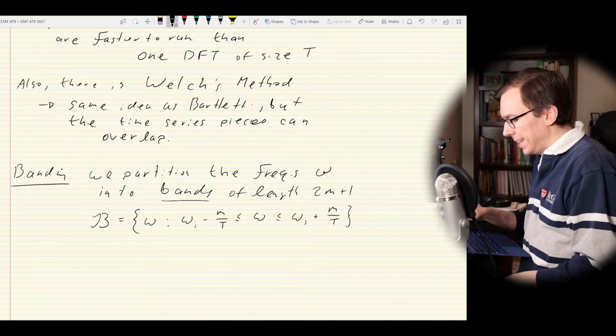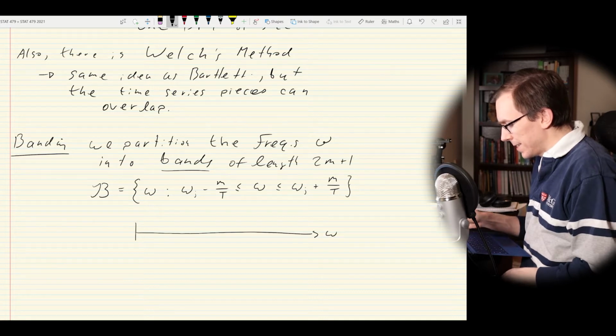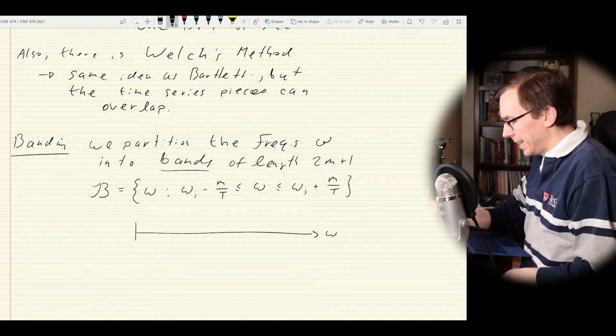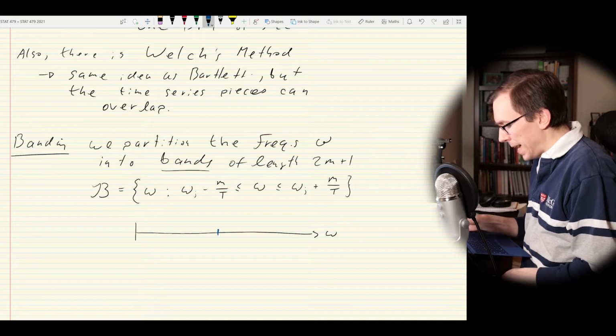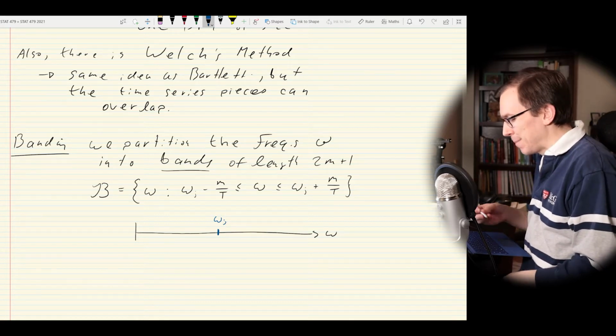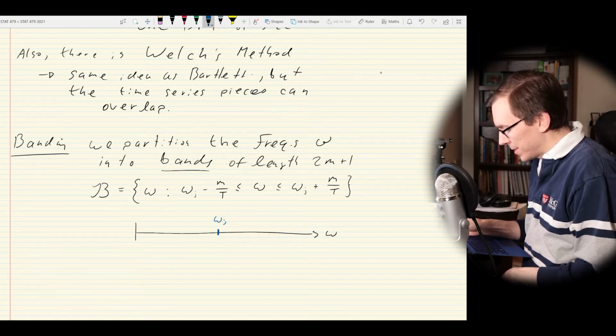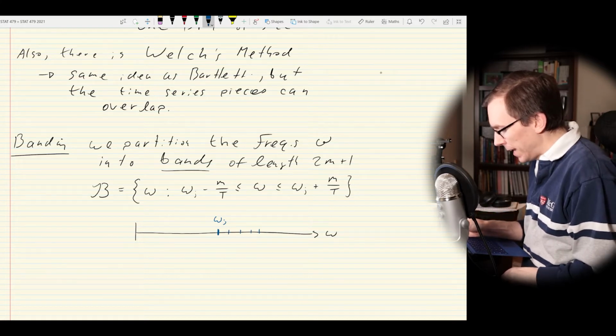So what we're saying is that we want all of the frequencies omega that lie within some band around omega j. So if I take whatever omega j is, it's j divided by T or something, then I'm going to go out to the left or to the right m units: 1, 2, 3, 4. Let's say m is equal to 4, and the other way, 1, 2, 3, 4.